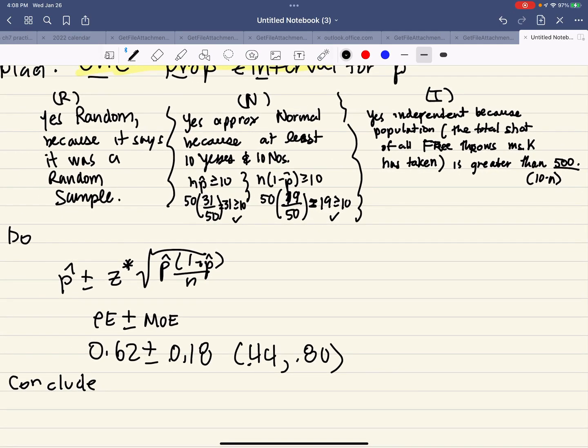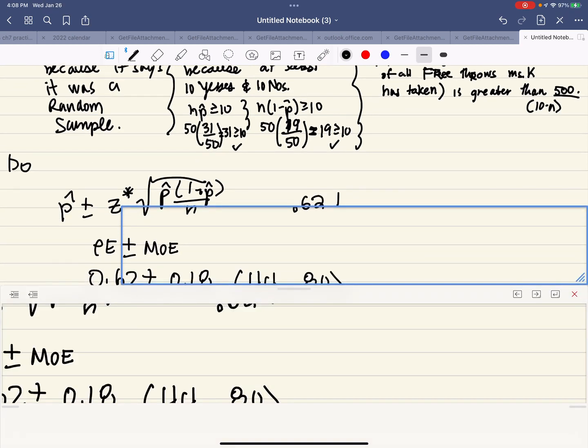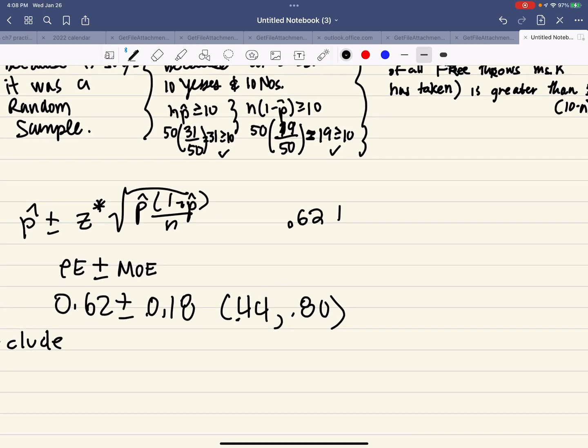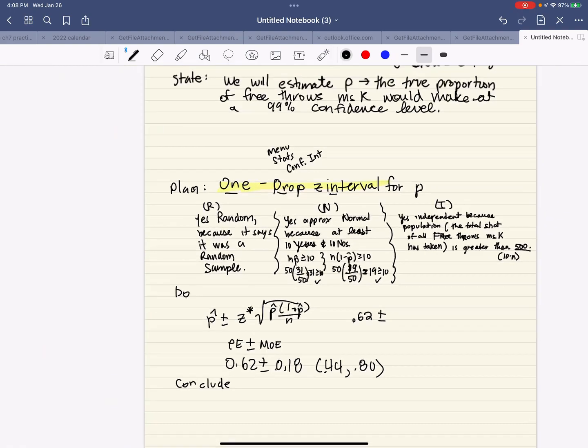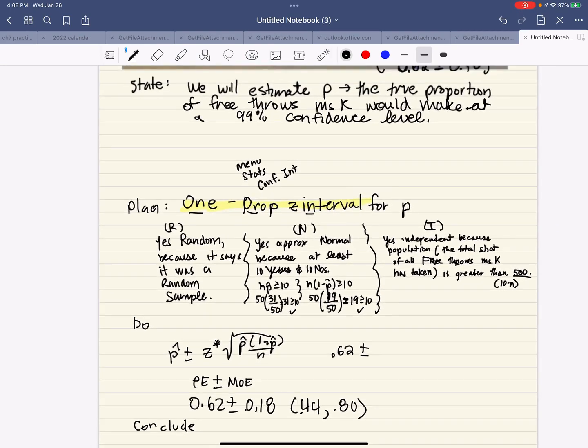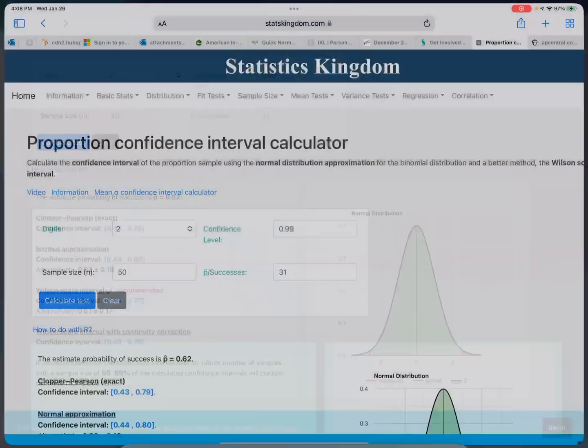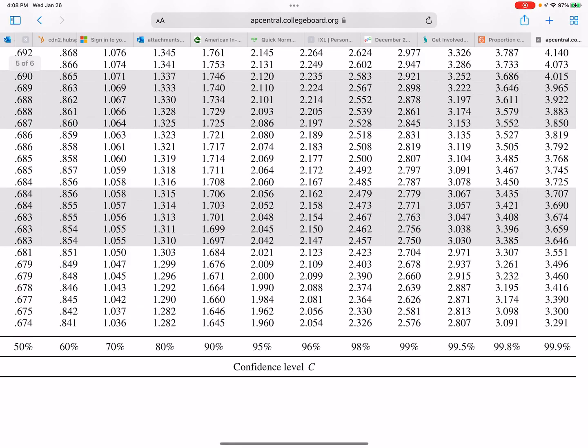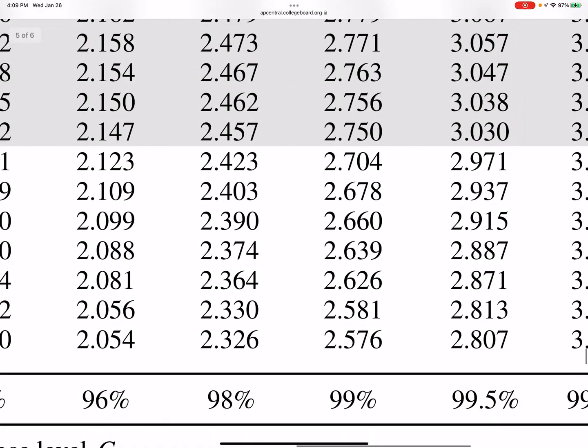Okay, so let's plug in these values. We know this is 0.62 plus or minus our z star, which we need to look up for 99%. Back to our table. When we look this up for 99, we see that it's 2.576.